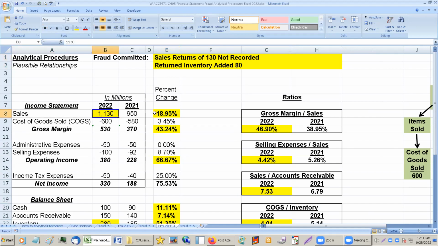So people returned 130 million of goods here that weren't accounted for. Their sales will be overstated by those returns. So return inventory was added. They kept the inventory that was returned for 80 million.